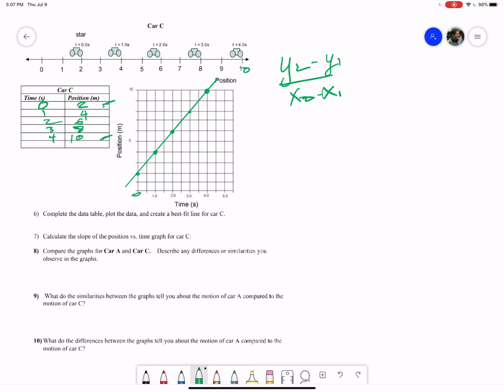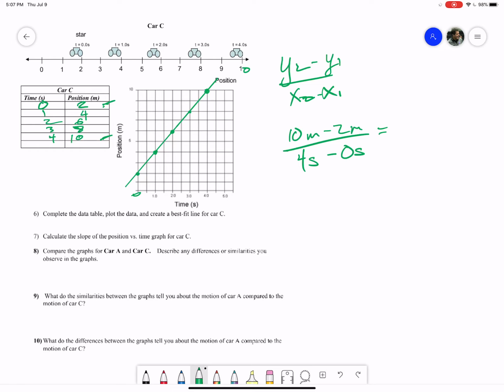All right, so y2, I have 10 meters. y1 is 2 meters. How about x2? x2 is going to be 4 seconds. And x1 is 0 seconds.